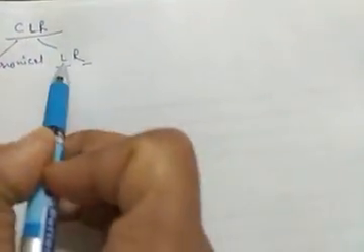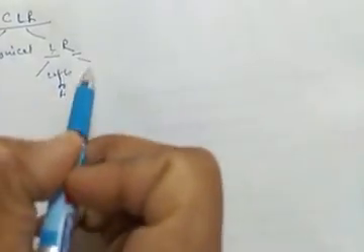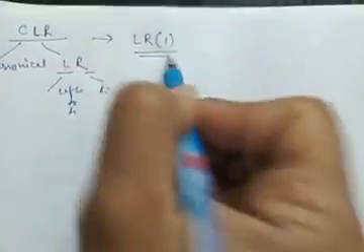CLR is nothing but the canonical LR parser. You know that in LR, L means left to right and R means right sentential form. The CLR parser is also called the LR1 parser.